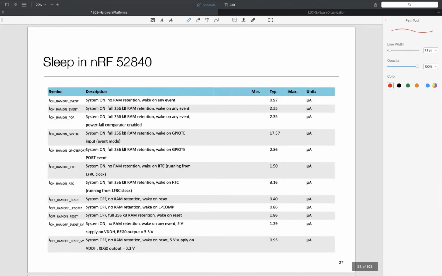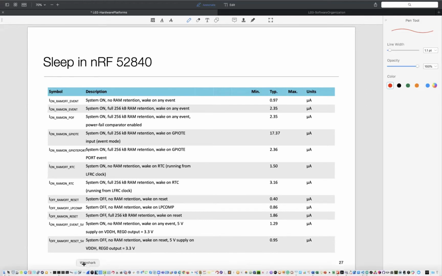And then if you dive further, these are just things extracted from the data sheet. You would see that they characterize how much current is being consumed in different modes. There are a whole bunch of different modes corresponding to what is happening to the system and what is happening to the RAM.